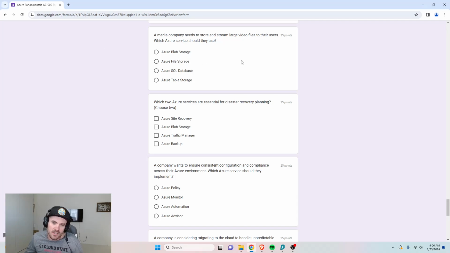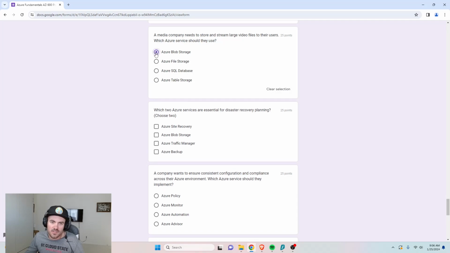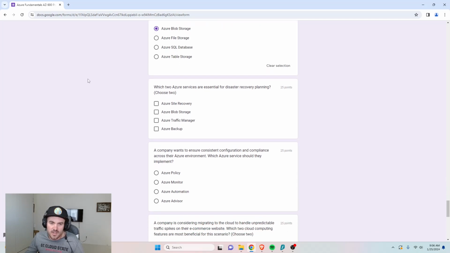Azure File Storage is not necessarily going to be the best bet here. That's more for, think of your File Explorer, right? Your files and folders. SQL databases, relational databases, definitely are not meant to hold large video files. And then Table Storage, same thing, not meant to hold large video files. So we're going to go with Blob Storage.